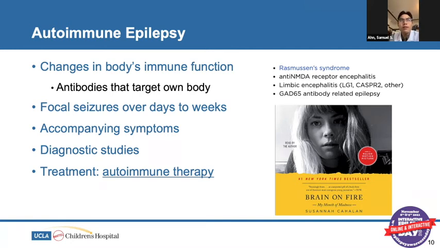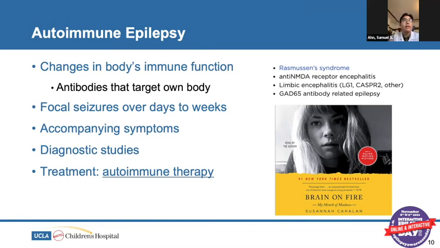But ultimately, an autoimmune epilepsy is characterized by a seizure disorder and a constellation of other symptoms that may include neuropsychiatric disturbances, ultimately a consequence of one's immune system working against themselves.